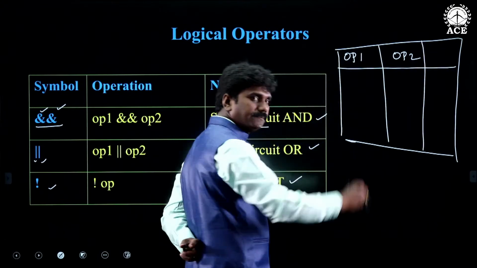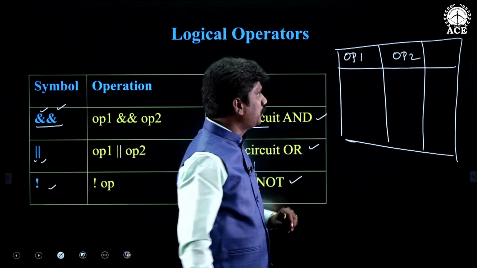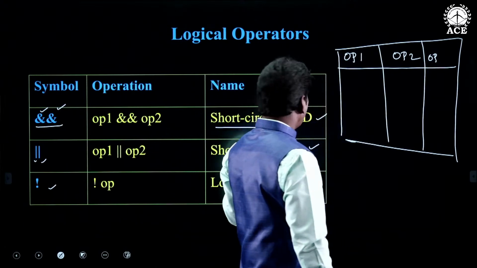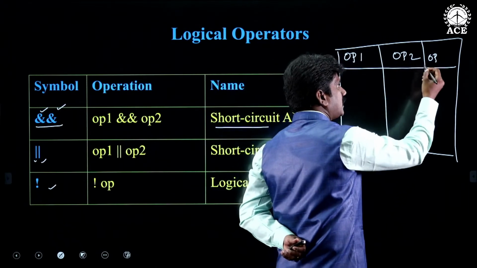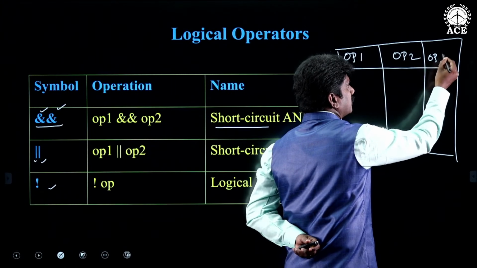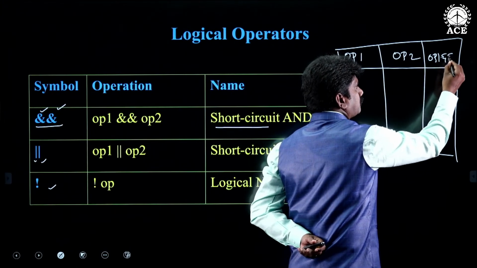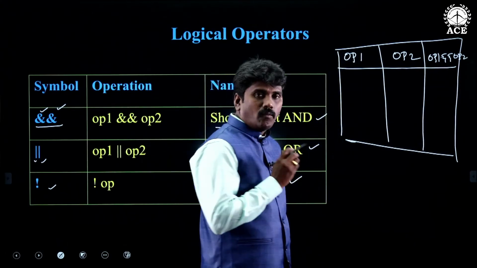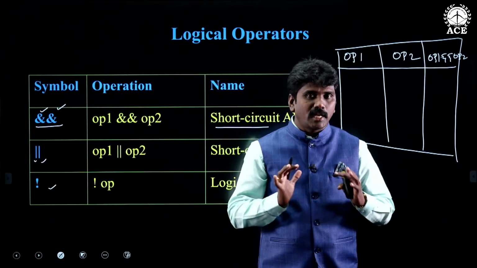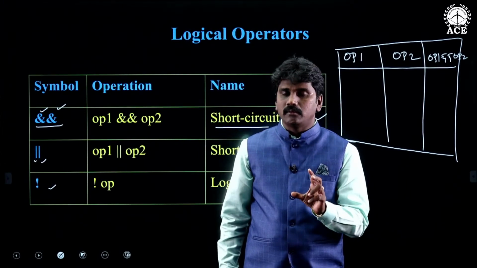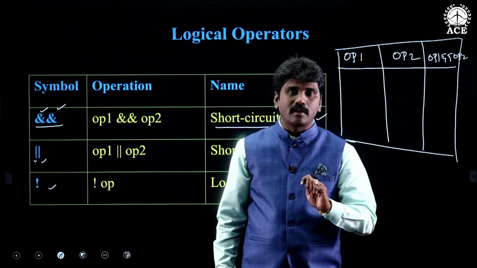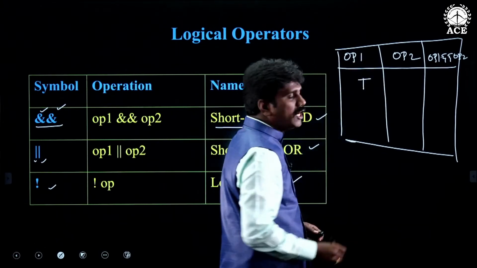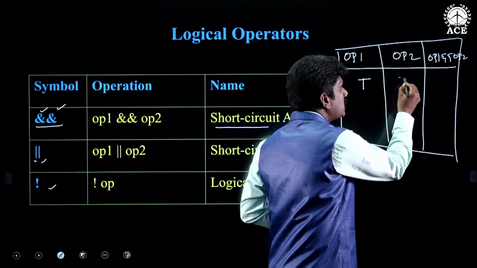Let us understand. Let us see first of all what the AND condition is. It says that if both the operands are true, then only the result is true. So here we can compare: operand 1 is true and operand 2 is also true.